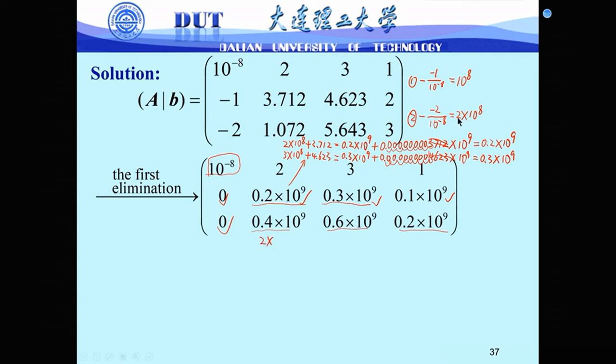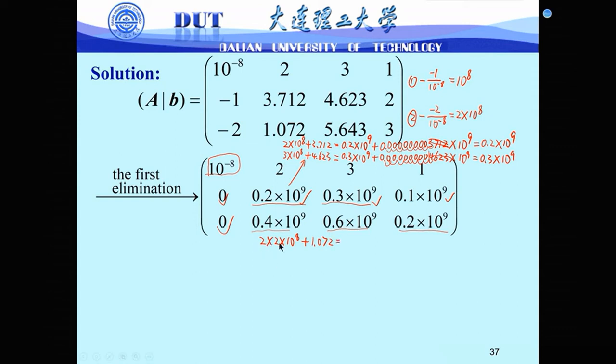Here the multiplier is 2 multiply 10 to 8. It's okay? And plus this number, because we want to eliminate this number. So 1.072. It's okay? Clear?